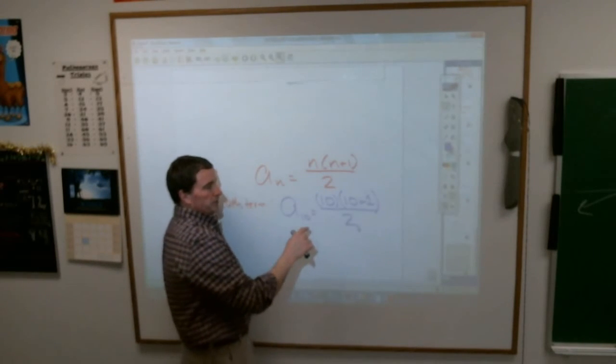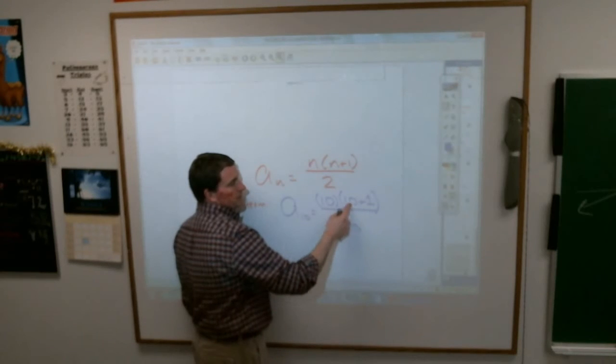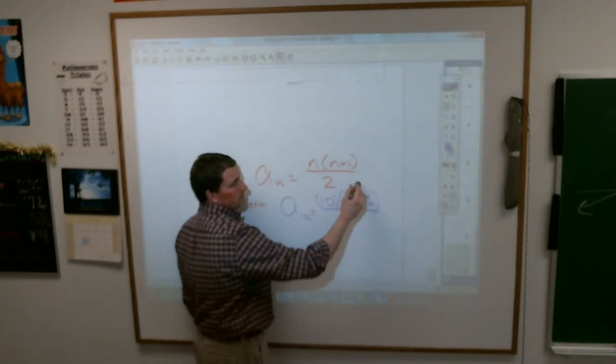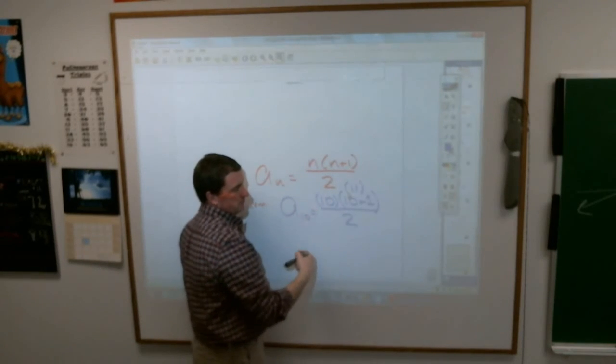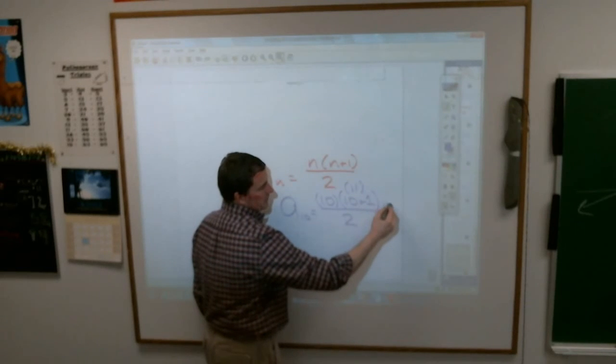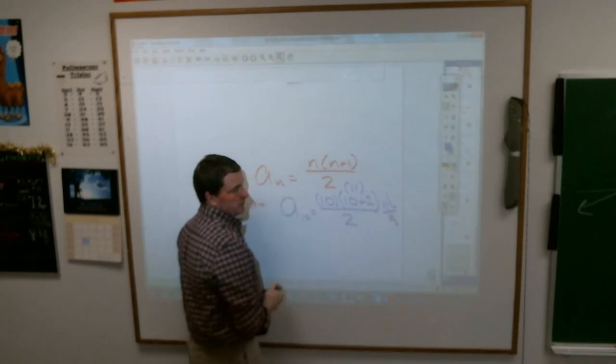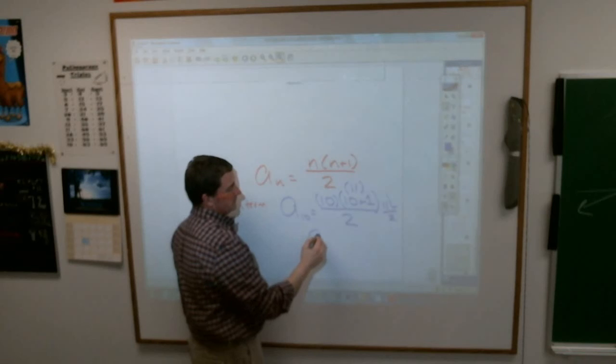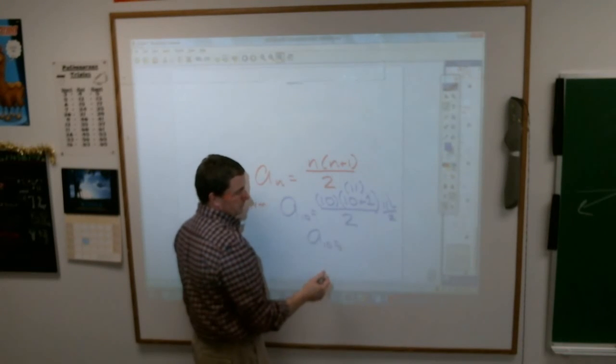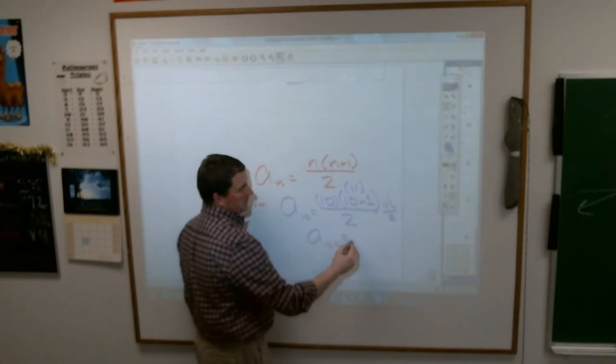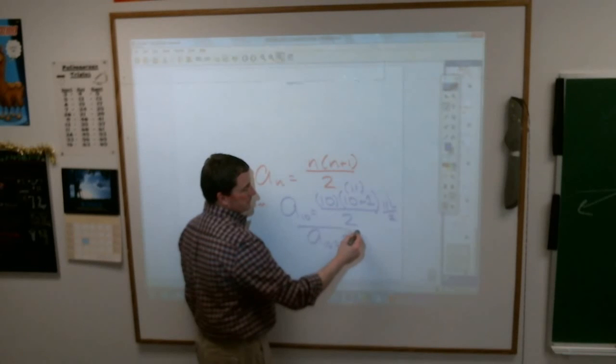And then what would I do first here? 10 plus 1 is 11 times 10 is 110, and then 110 divided by 2 is 55, so the value of the 10th term would be 55.